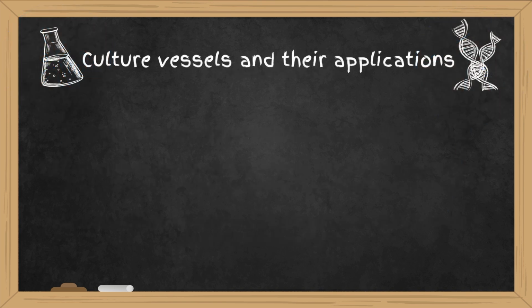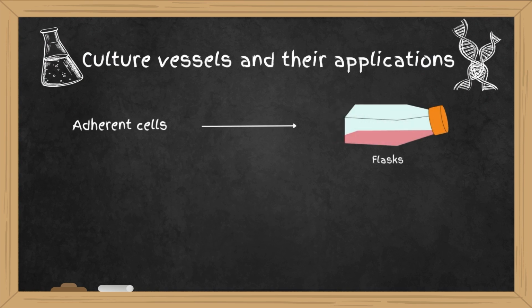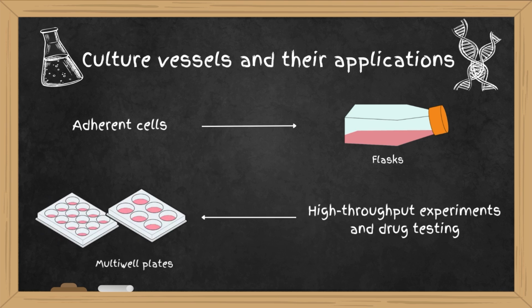Selecting the right culture vessel is crucial for optimal growth. Adherent cells are commonly maintained in T25, T75, or T175 flasks, with the choice depending on the required cell yield. Multi-well plates, available in 6, 12, 24, and 96 well formats, are ideal for high-throughput experiments and drug testing, offering scalability for different research needs.